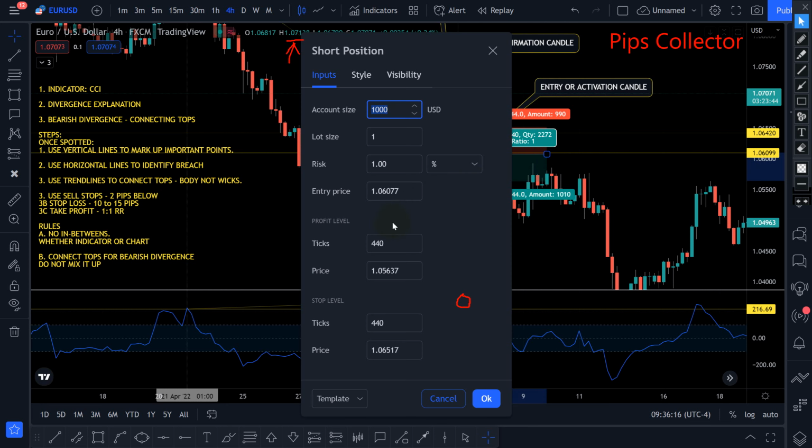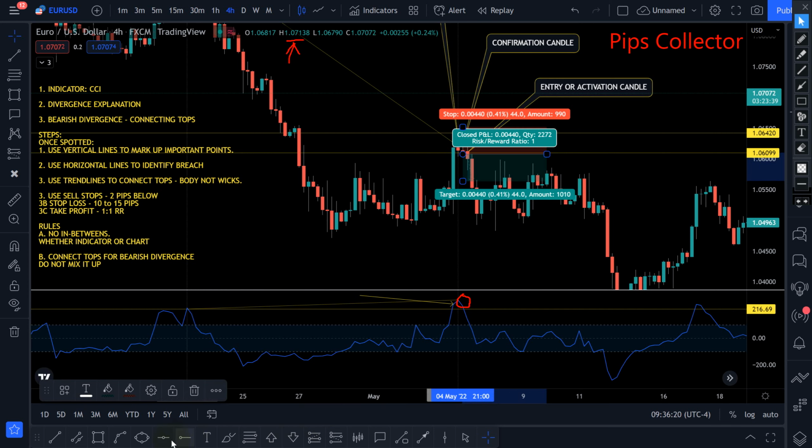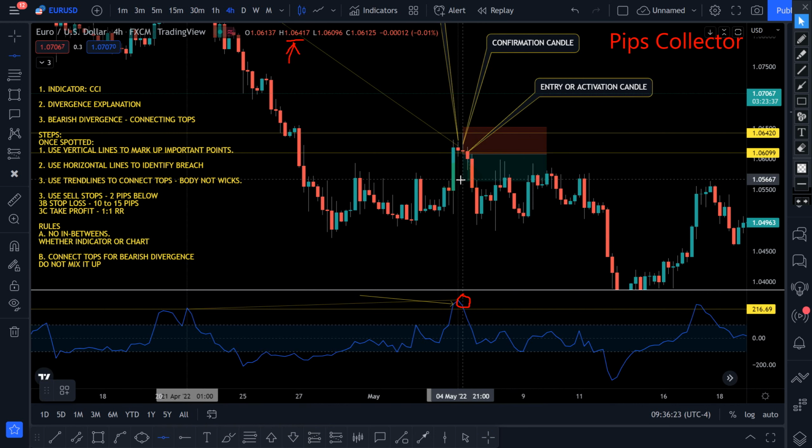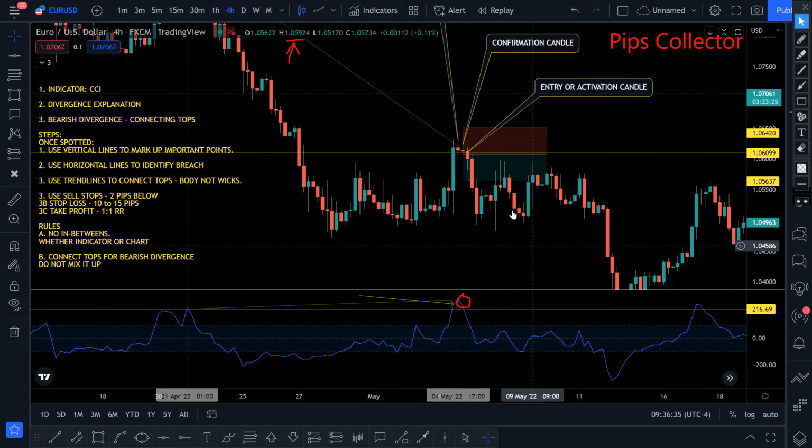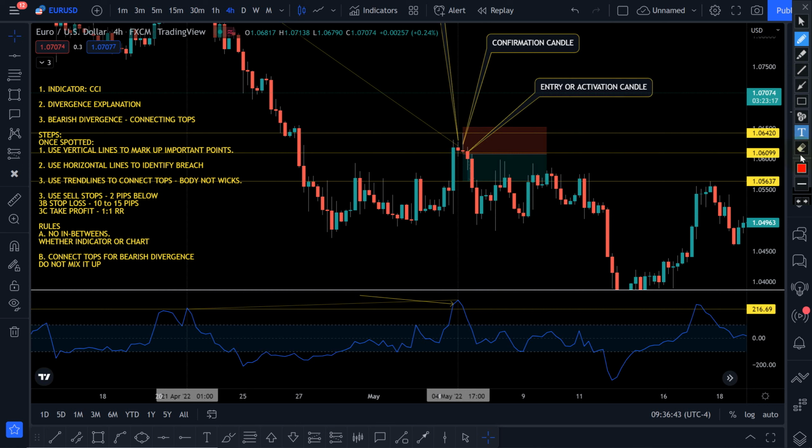Now this value you got here, copy this price value, get a horizontal line, place it here, double click this horizontal line and paste that price value in this text box area. This is your 1:1. What this does is simple.